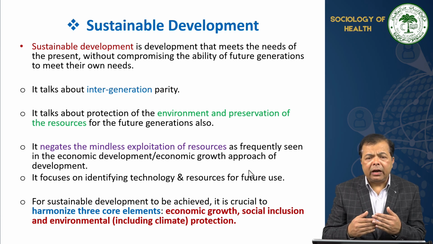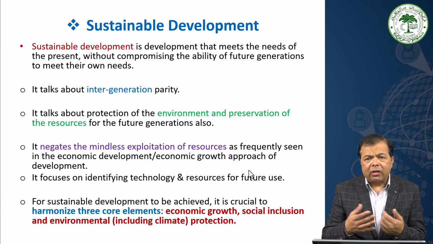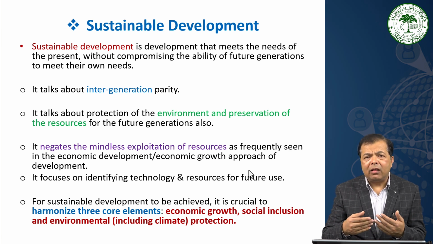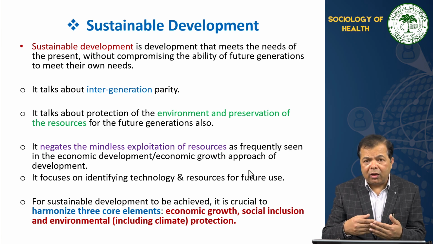Then it negates the mindless exploitation of resources, because resources are finite. And there are multiple problems related to the mindless utilization of resources. Simultaneously, we also need to talk about those resources which are renewable.